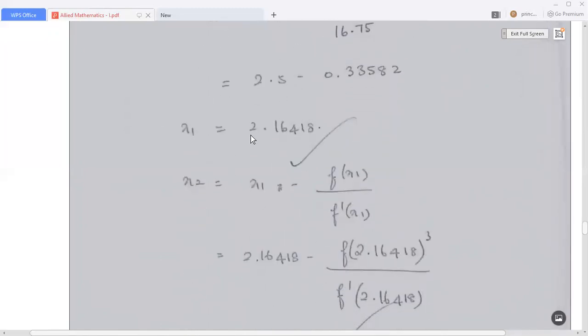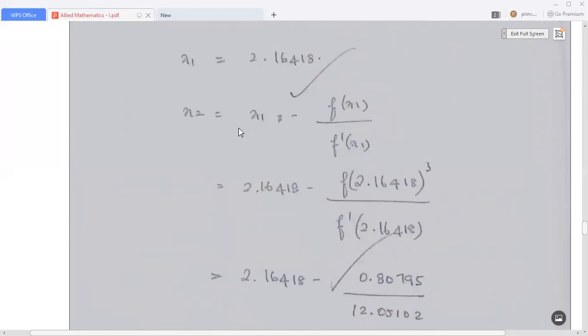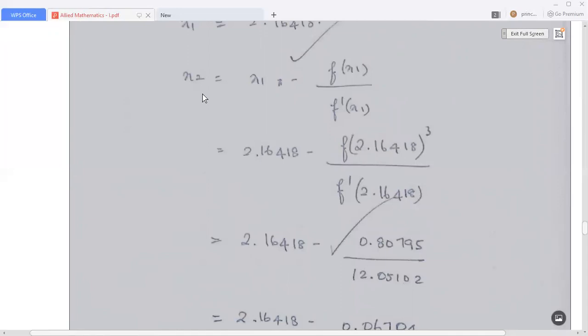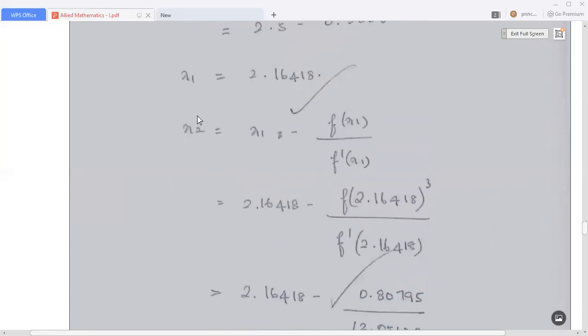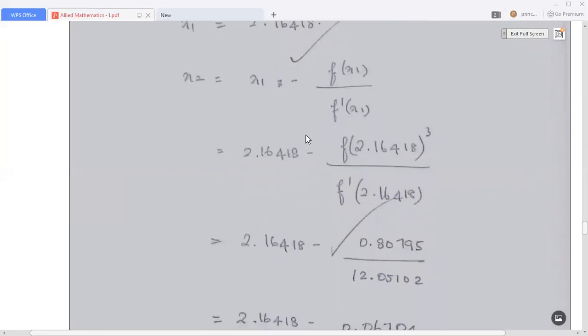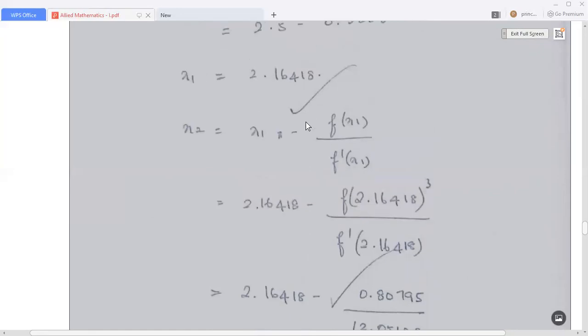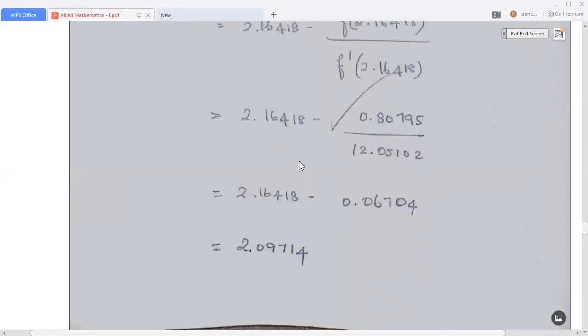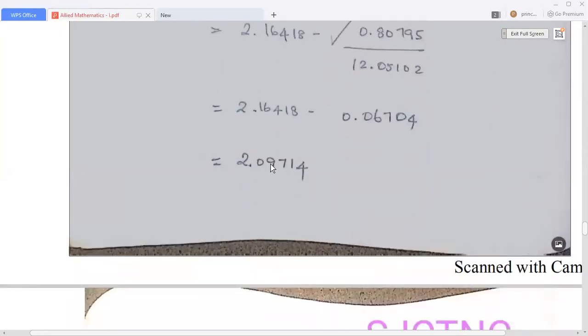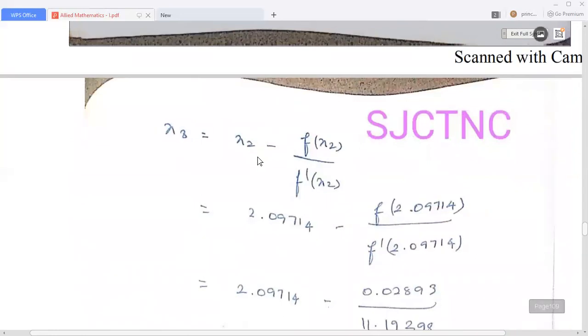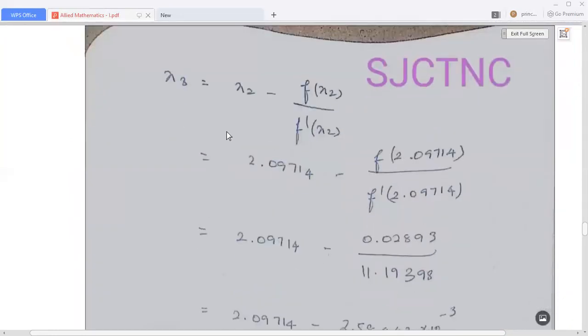Here x1 value is 2.16418. Similarly, we calculate x2 value, that is the second approximation. x2 equal to x1 minus f of x1 by f dash of x1. To find the x2 value, we need x1 value that is to be substituted in x2. When the x1 value is substituted in this expression, we get x2 is equal to 2.09714.